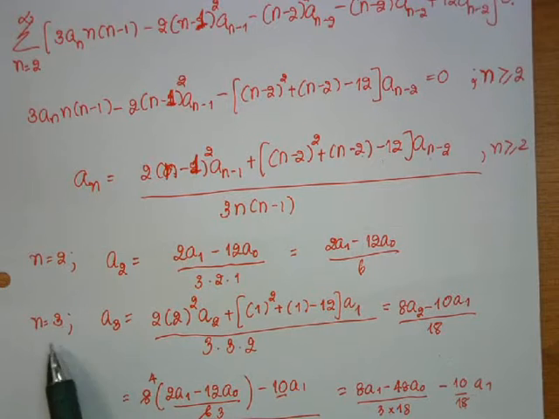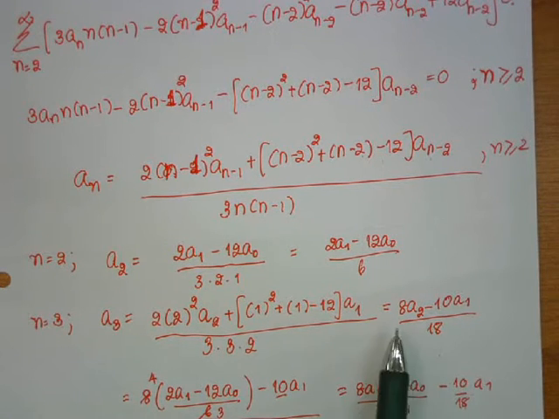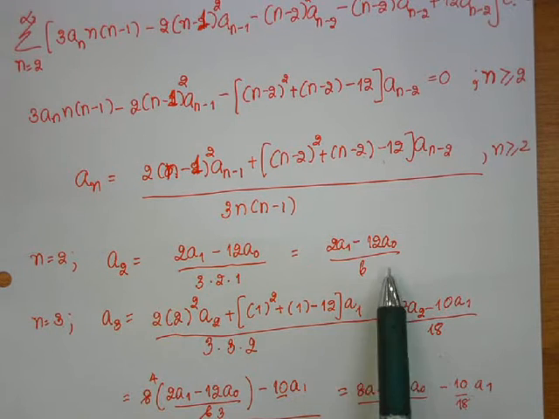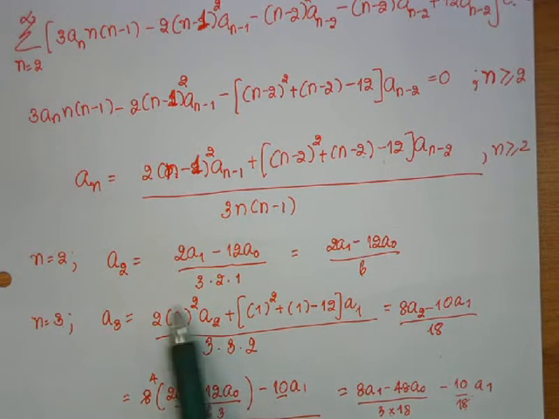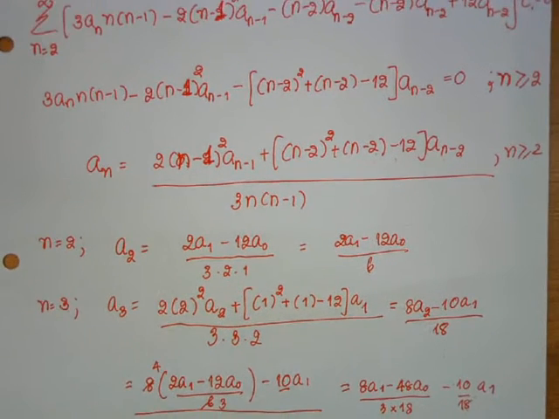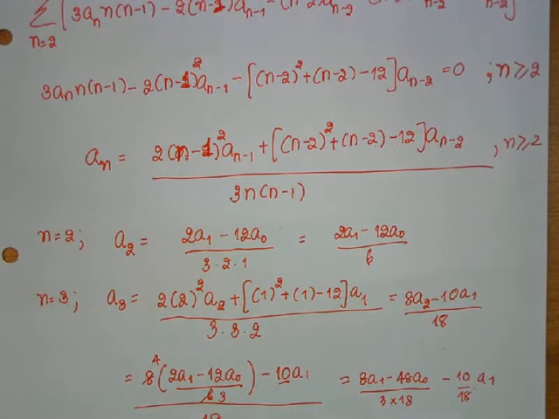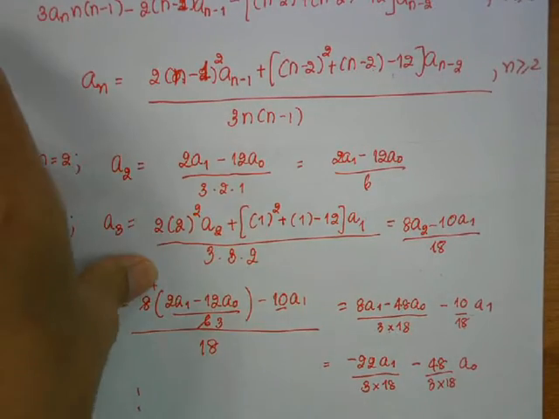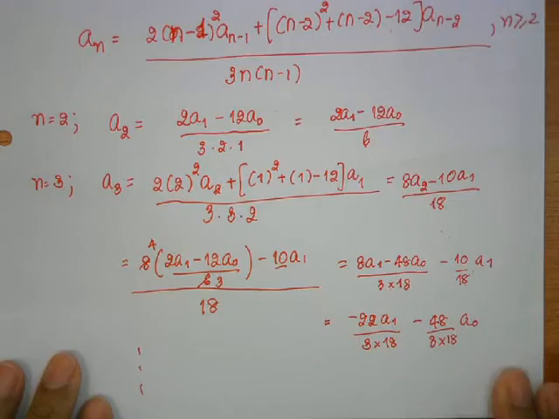You put n equal to 3, a3 is a function of a2 and a1, but a2 itself is a function of a1 and a0. You just replace the number in there, then you would get a3 is a function of a1 and a0. But this one, as you see, is not a recursion, so that's fine.